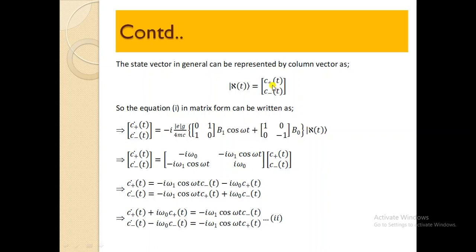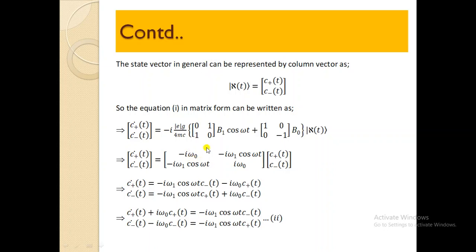Here also we have to put this c plus t, c minus t. I will put it in another step. You can watch here, so this as it is, and we multiply by this. In place of e g b naught divided by 4 mc, we can put omega naught.